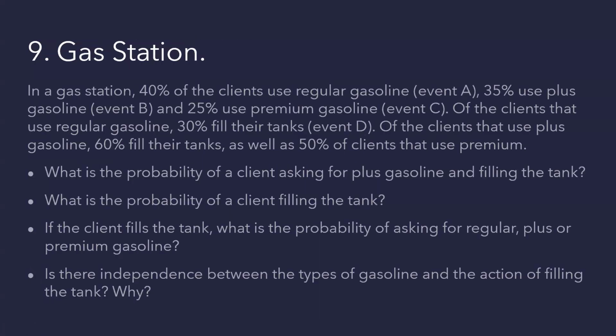So now we have a gas station. And in this gas station, 40% of the clients use regular gasoline. That's event A. 35% use plus, which is event B. And premium will be event C. Okay. Of the clients that use regular gasoline, 30% fill their tanks.